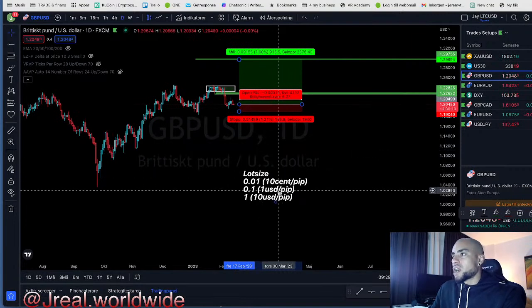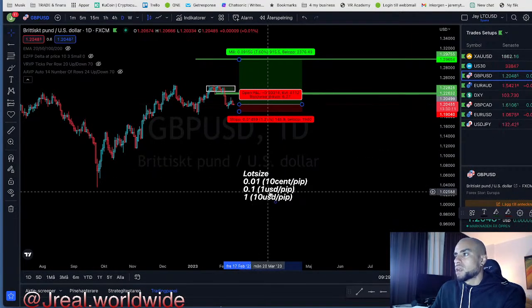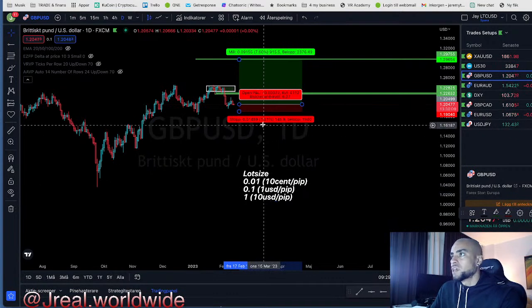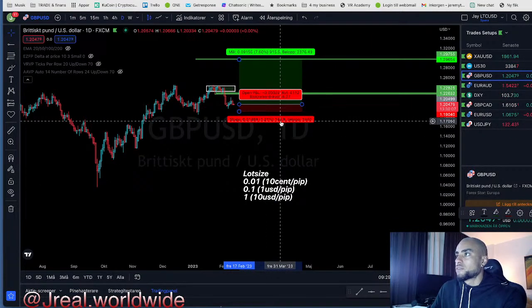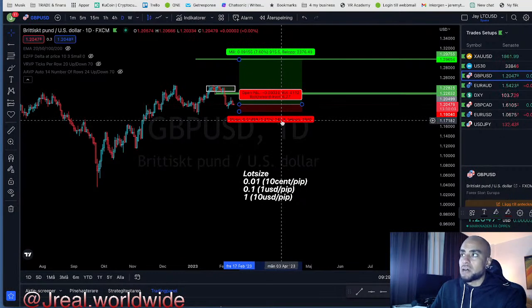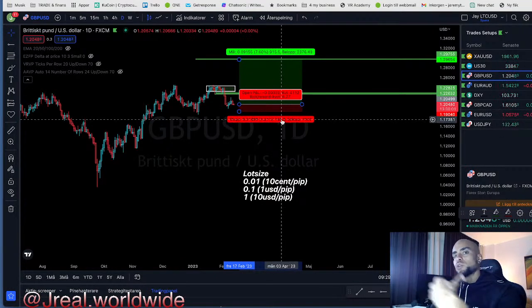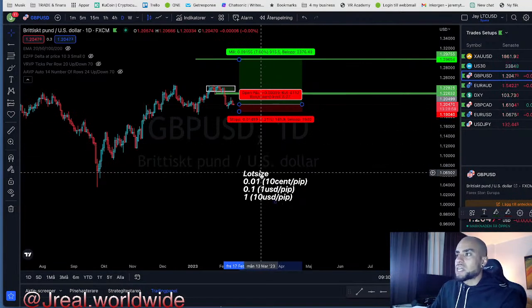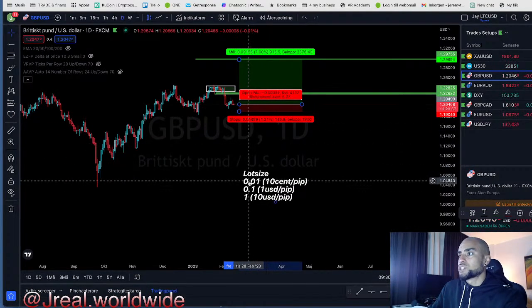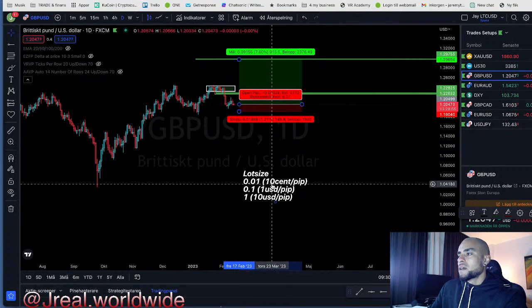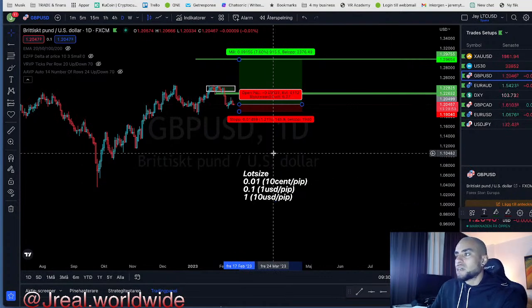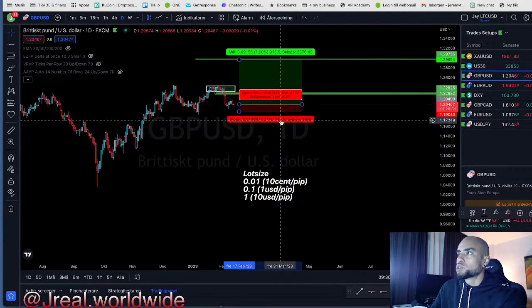If you had a 0.1 lot, which is 1 US dollar per pip, you would lose $145 because it's 145 pips. So if the market goes down 145 pips, we lose $145. If you have a micro lot, which is 0.01, 10 cents per pip, you lose 14.5 US dollars. Okay?